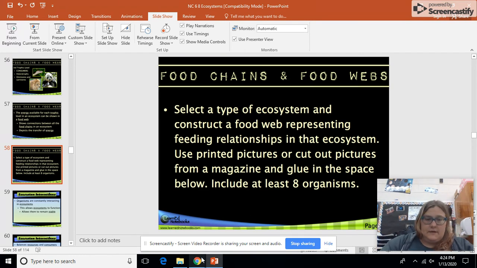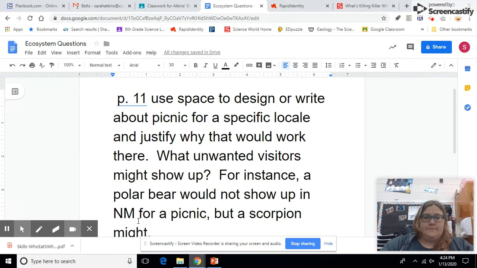Page 11. I like my own things. You know that. So you're going to use this, very similar, to design or write about a picnic. Meaning, my people who like to draw a picture, my people who like to write stories, write me a story about a specific locale. Locale just means location.